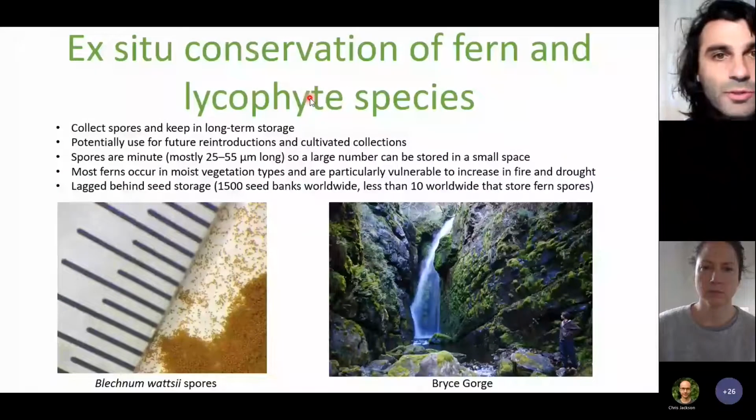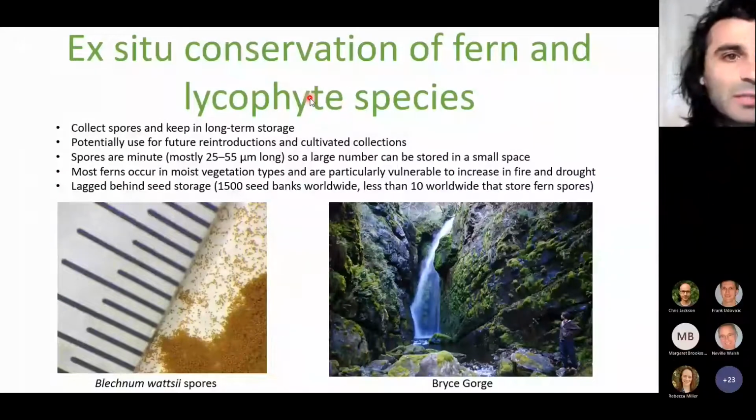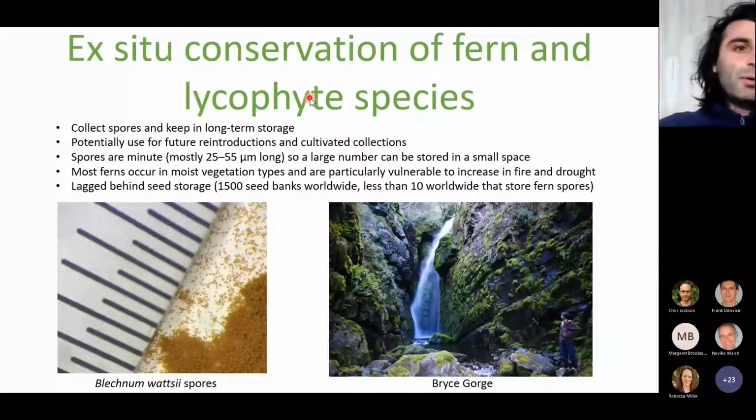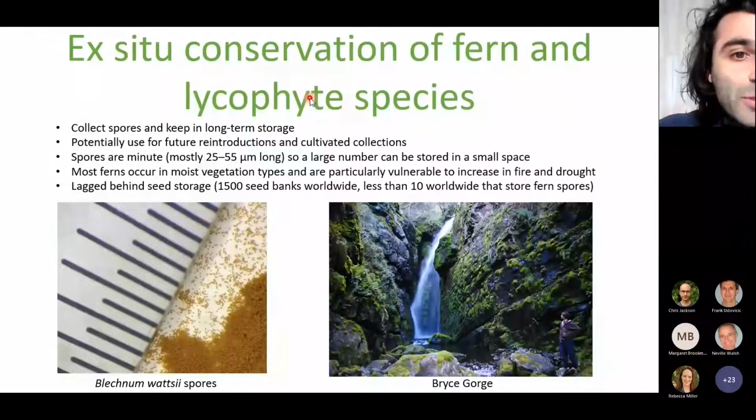The main goal of the spore bank is ex situ conservation of fern and lycophytes. And how we're going to do that is by collecting spores and keeping them in long-term storage. From that, we could use those spores for potential future reintroductions.